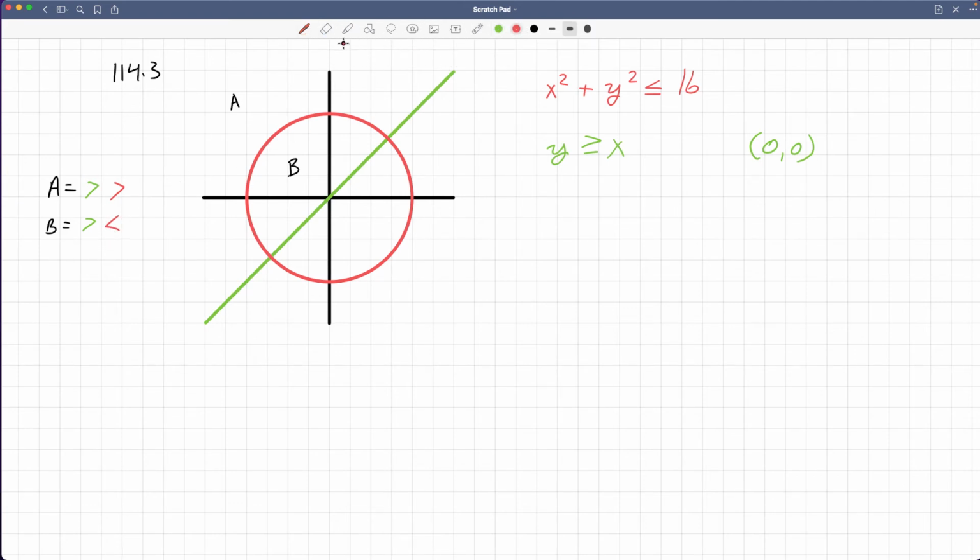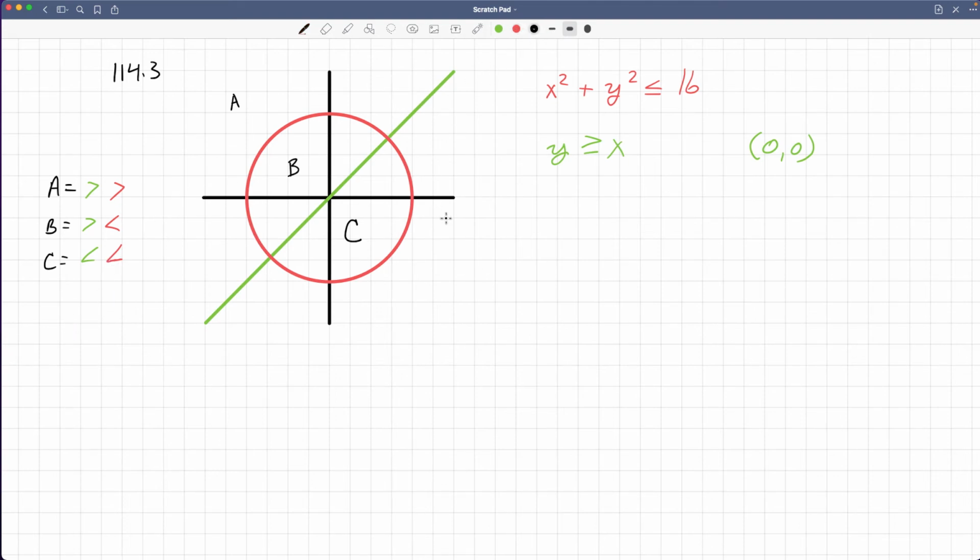Now we have another area, C. And C is going to be less than the red line and also less than the green line because it's below the green line. So that would be less than for both.